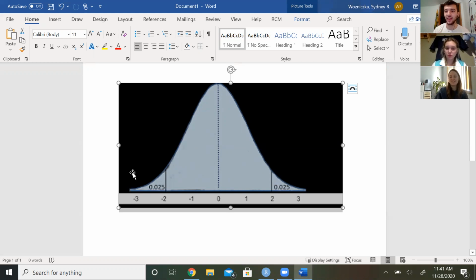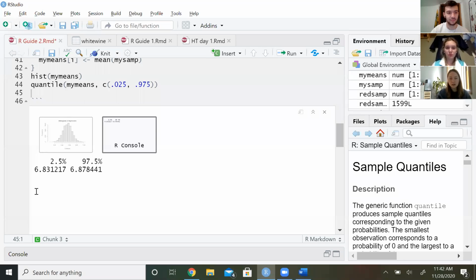That puts 2.5% on both tails, meaning that we know there's 95% of our data in the middle, which gives us that confidence interval of 95%. The confidence interval will measure what data point is on each quantile bound, so that 95% of the data is in the middle of them. Go back to R here.